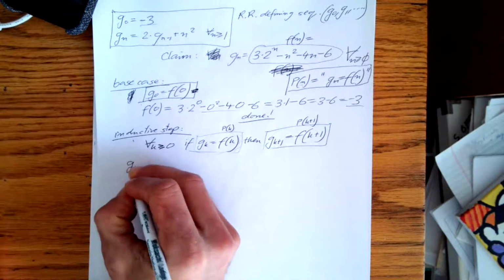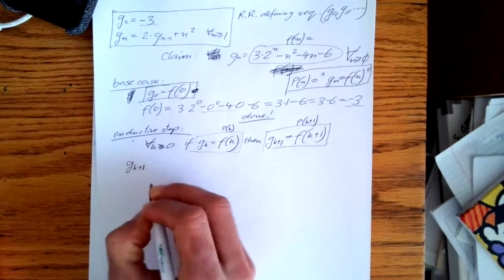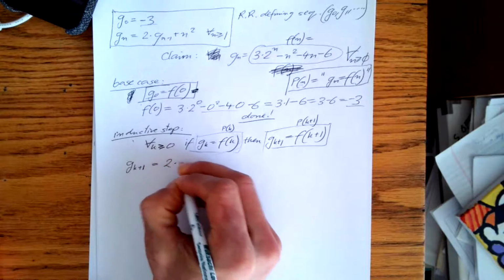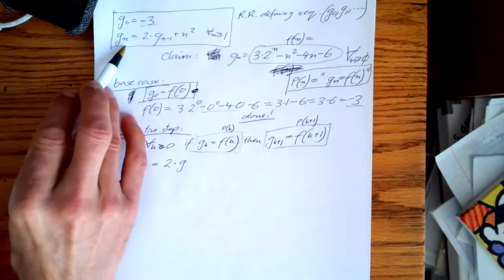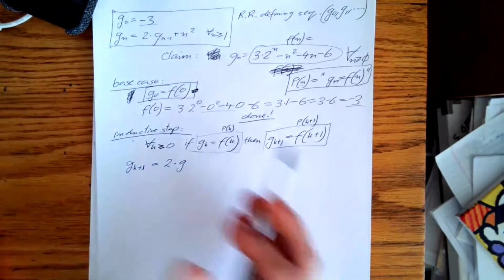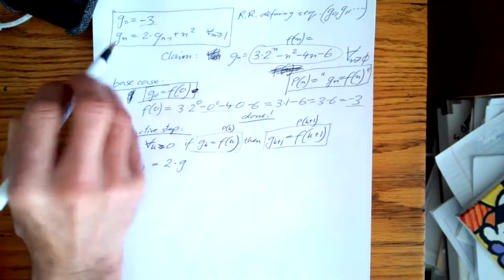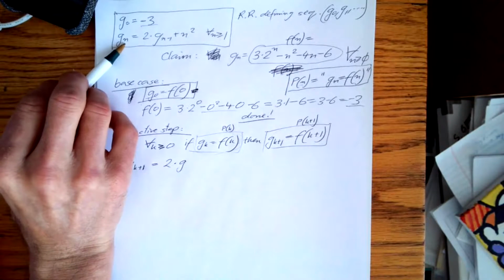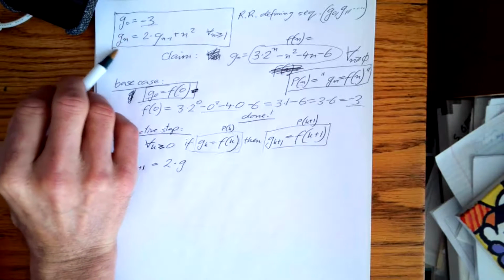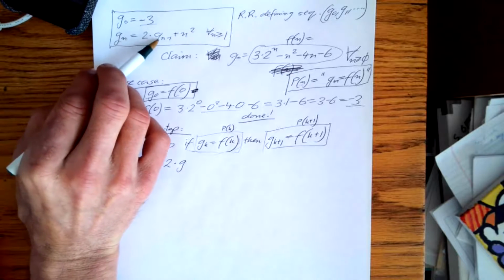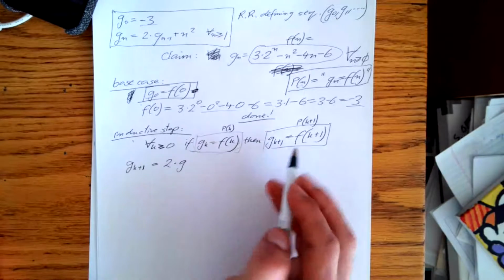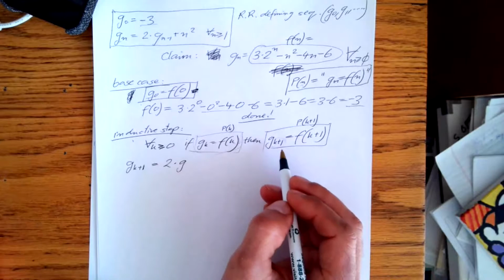So let's follow that. Gk plus 1 is equal to 2 times g... Now you have to be careful changing variables. This recursive definition is in terms of n, and it defines the nth element as 2 times Gn minus 1. What is n here? n is k plus 1.